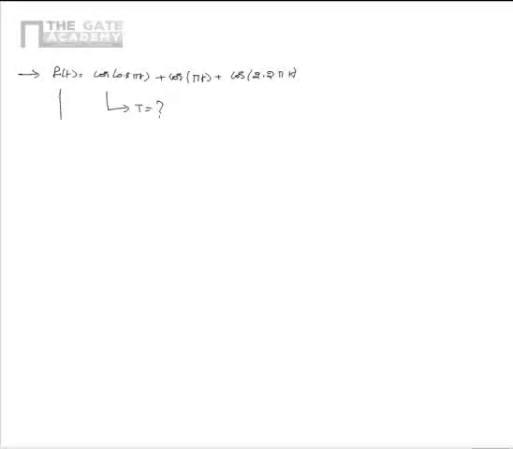We see that f of t is a sum of three signals, which are cos of 0.8 pi t, cos pi t, and cos 2.2 pi t. We have to find the individual time periods of each of these signals, that is T1, T2 and T3. Now the time period of f of t is given as the least common multiple of T1, T2 and T3.